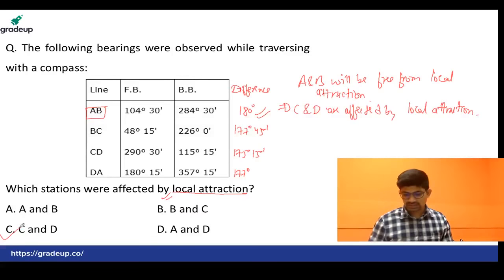You may find them easy, but while attempting the examination, mistakes can happen. So take these differences correctly and do not make calculation errors. Other than that, calculating included angles is part of a conventional question. From an objective point of view, that is not important, so I am not discussing that part.